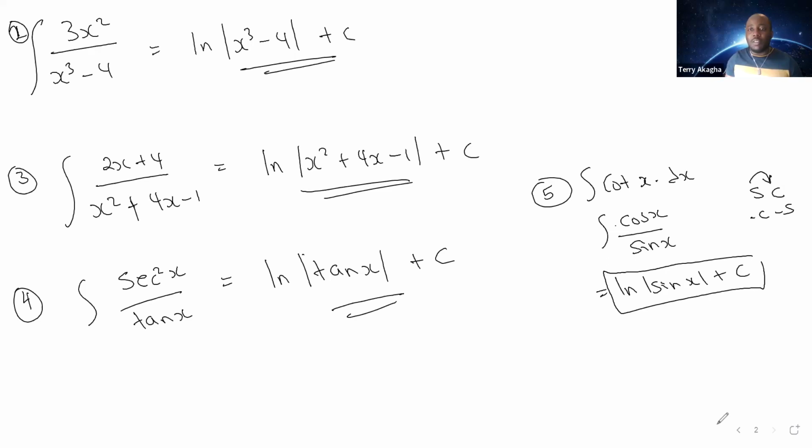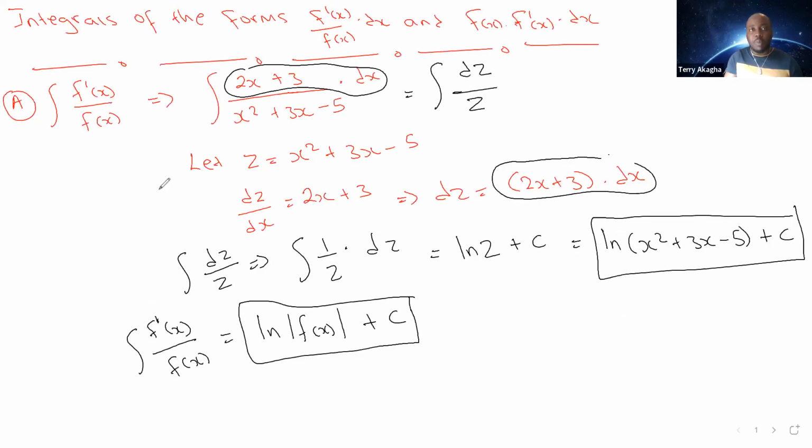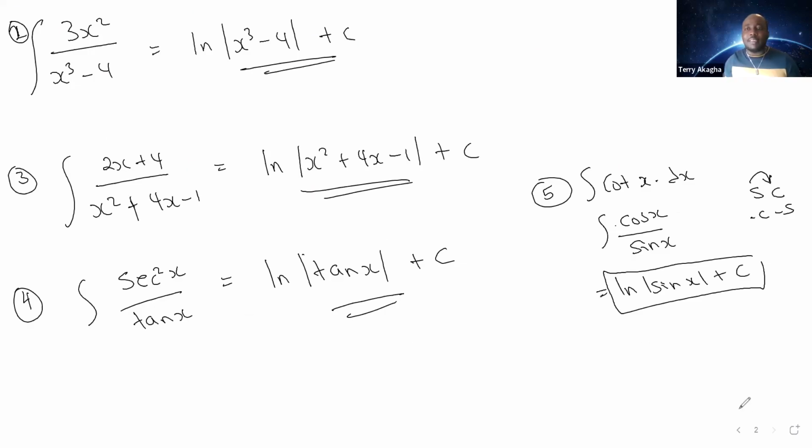So in this video, we've talked about when you have f prime of x, such that when you differentiate the denominator, it's going to give us the numerator. But we have some special cases, some special examples, and in these special examples it does not directly give us that.